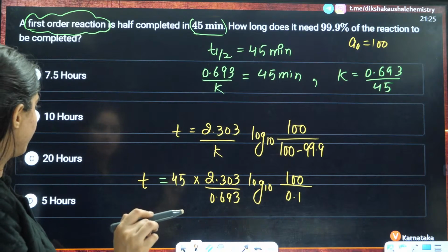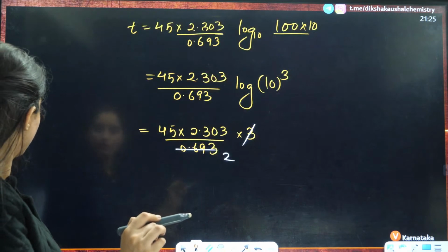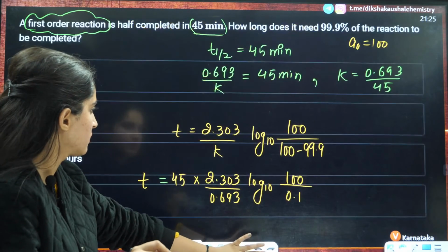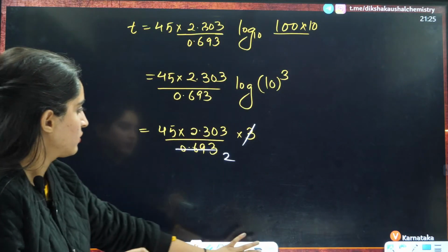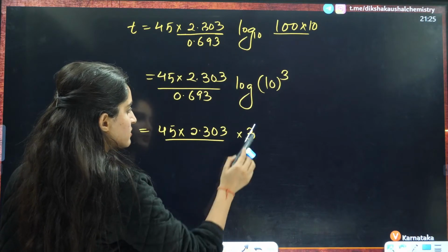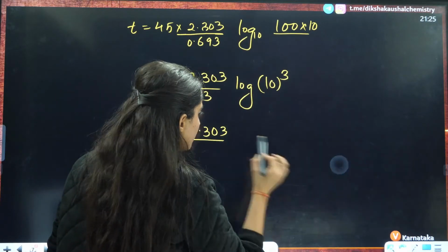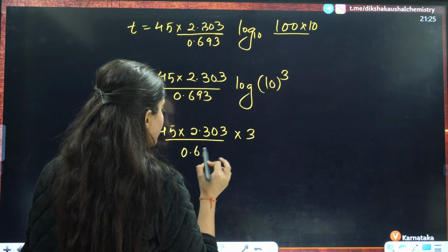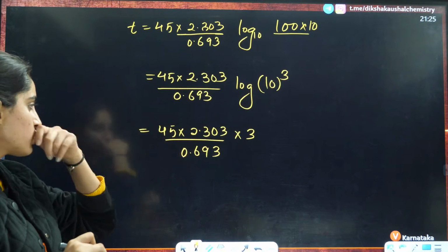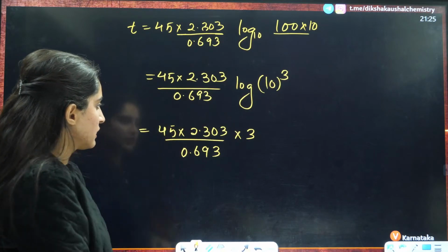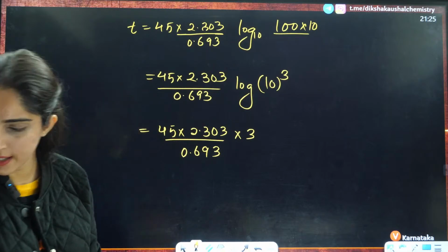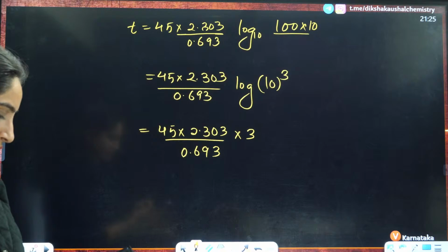Wait a minute, how much time? Minutes we need to calculate firstly, right? Okay, wait a minute. So this should not be exactly cancelled with each other. So this is 3, this is 0.693. Right? So talk about these two things. This is approximately 3 times.